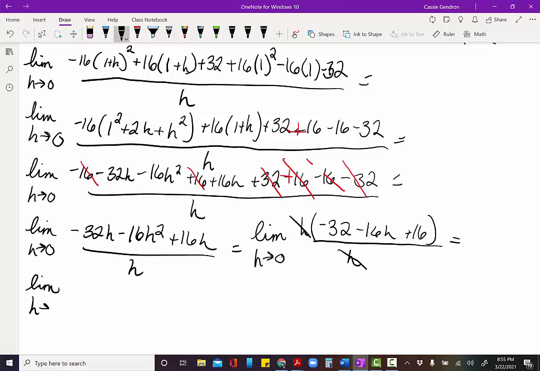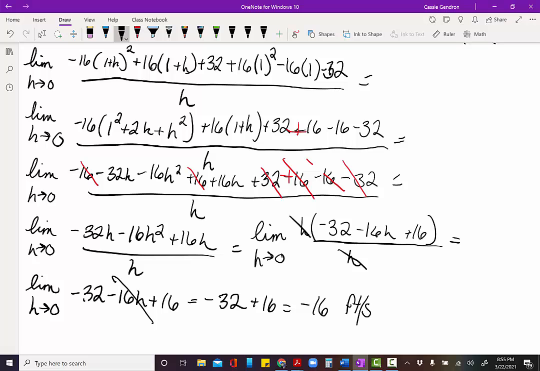Limit as h approaches 0 of negative 32 minus 16h plus 16 equals just minus 32. This goes to 0, plus 16. That equals a negative 16 feet per second. So at that instant, at 1, we are going at negative 16 feet per second.